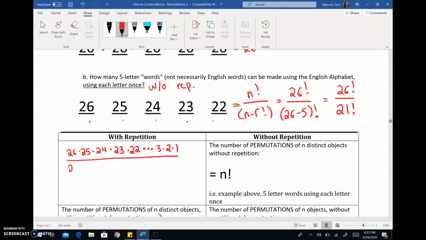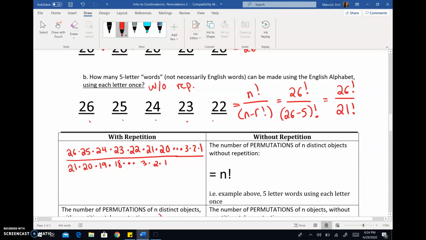The denominator is 21 factorial, which is 21 times 20 times 19 times 18 all the way to 3, 2, 1. Actually, maybe I should extend this a little bit further, and I hope you see why I'm doing this as I write. Times 21 times 20 all the way to 3, 2, 1.